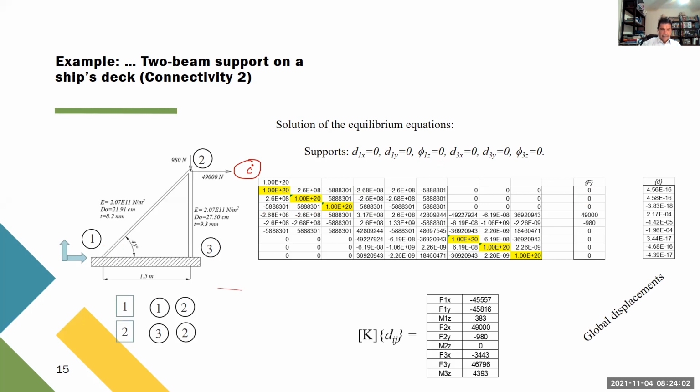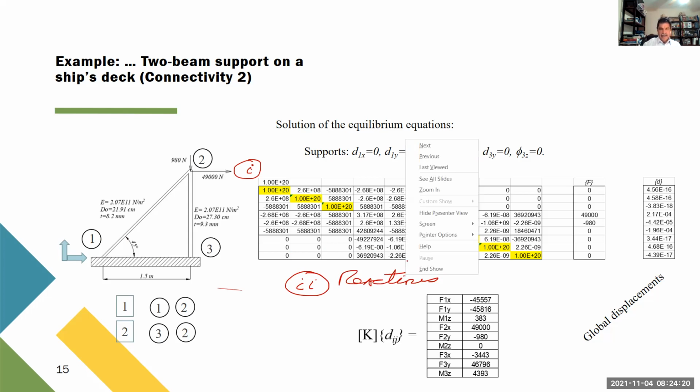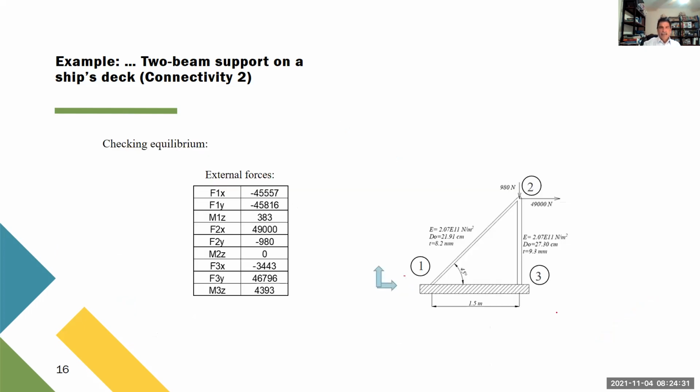The second part, the second subsystem, is the process to find unknown external forces, and these are the reactions. So we get the same values. Okay, and then we proceed.